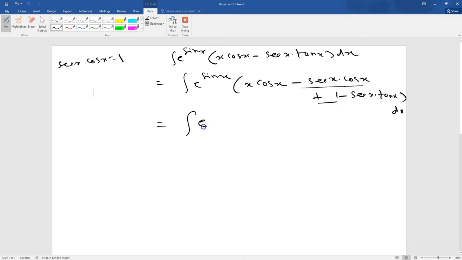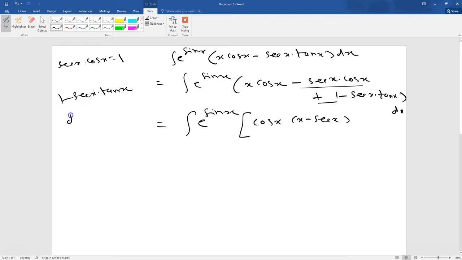Now e raised to sin x, okay, this is going to be what? A derivative of x minus sec x. Taking cos x common from these two, this is going to be x minus sec x. But the part you see, 1 minus sec x tan x, right?